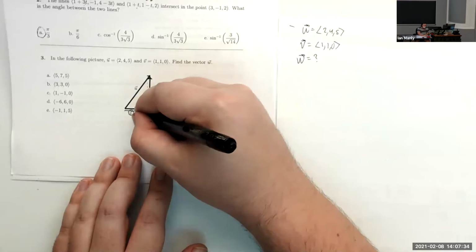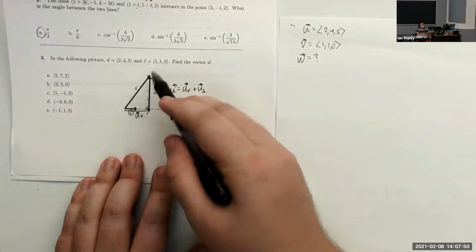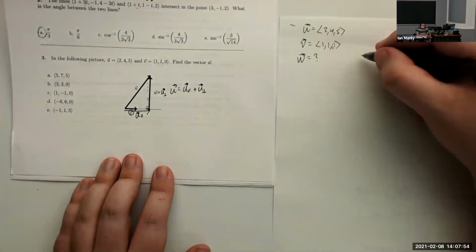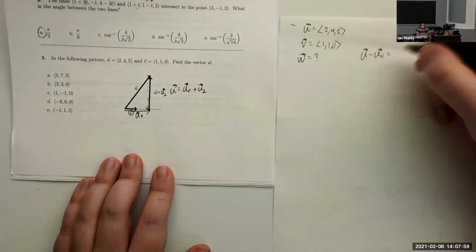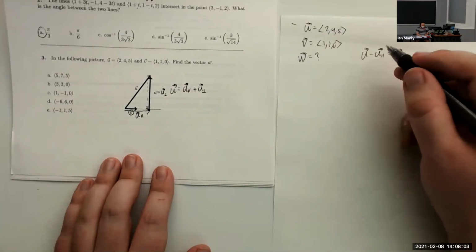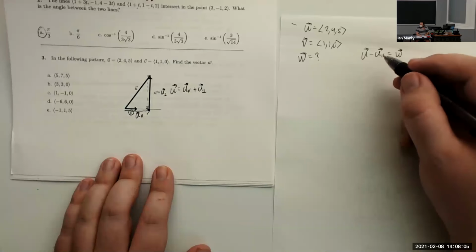To get u perpendicular, or w, we could find out what u parallel is and then subtract it from u, and that will give us the remaining piece. So we're going to do u minus u parallel, and that's going to give us w. Now, u parallel has another name. Does anyone know the other name for u parallel?